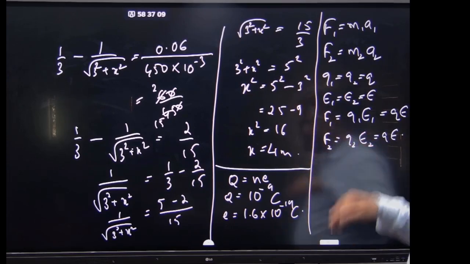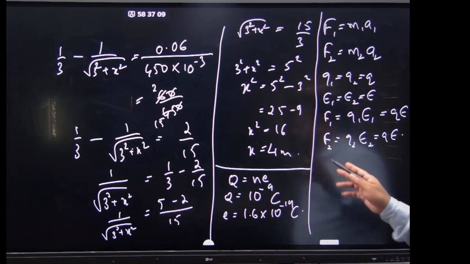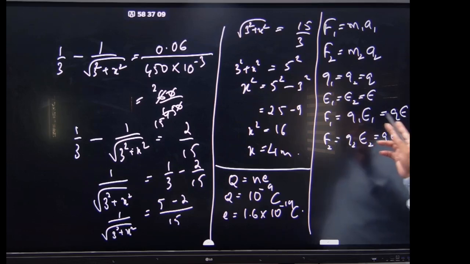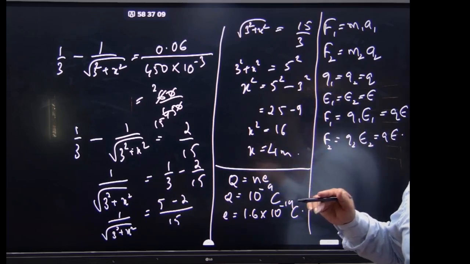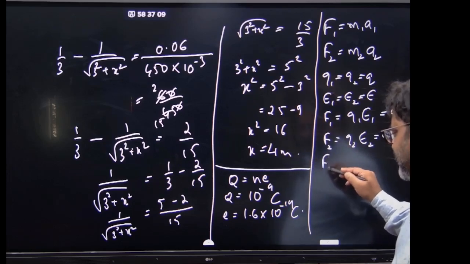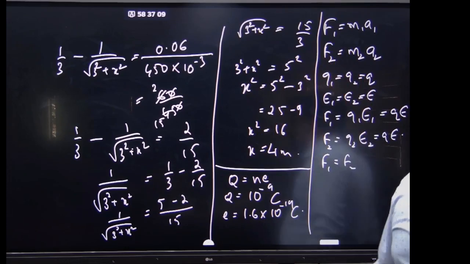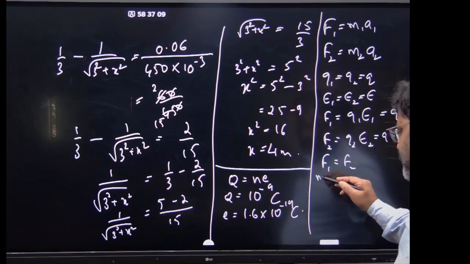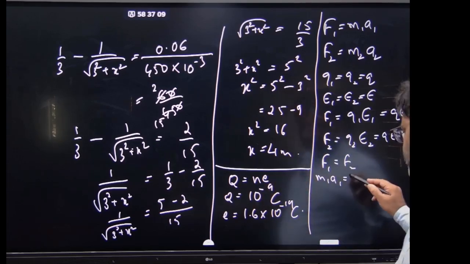Now what can I see from these 2 equations? F1 is equal to QE, and F2 is also equal to QE. Right hand side is equal, that means left hand side should also be equal. So we can write F1 is equal to F2. But what is F1? M1A1, that is equal to M2A2.